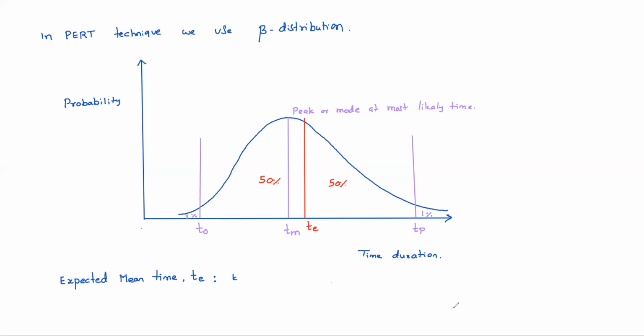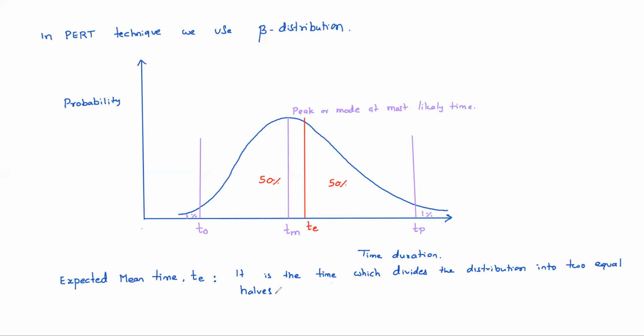It is the time which divides the distribution into 2 equal halves, 50-50%. Okay.